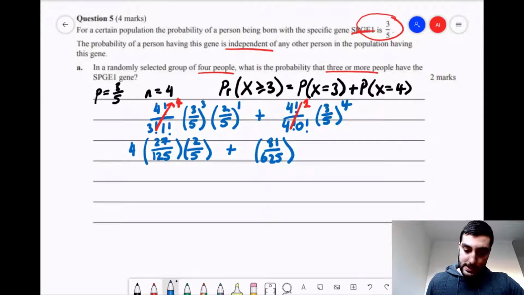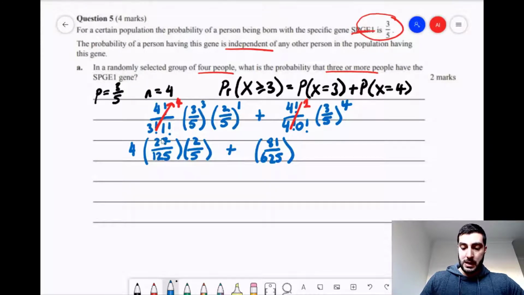Great. Doing the same thing here. So if we look at these two denominators, if we were to multiply them together, we'd get 625 as the combined denominator. We're going to have 27 times 2, which would be 54, and then 54 times 4. So that's like taking 50 times 4, which would be 200, and also 4 times 4, which would be 16.